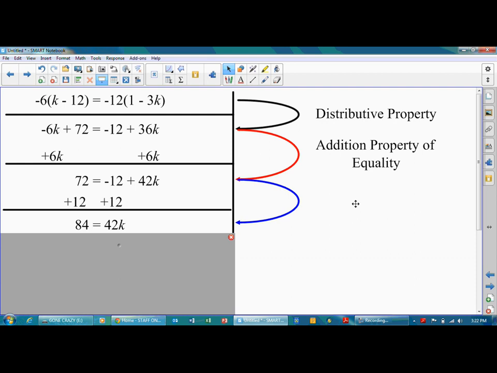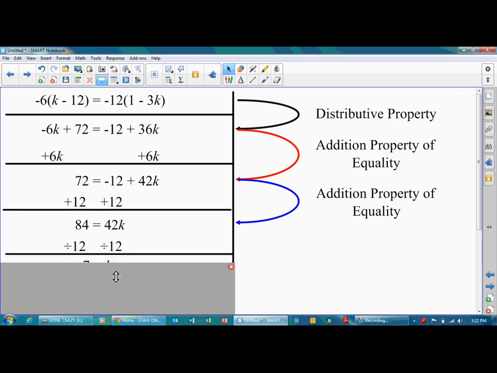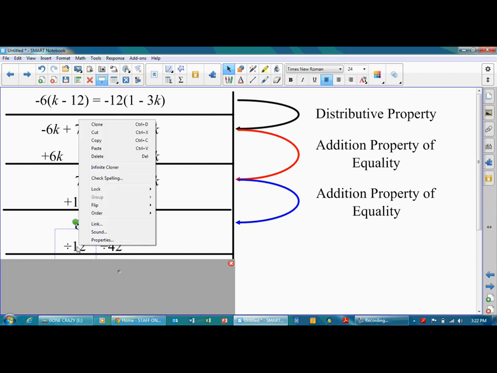Again, we were adding, so that's the addition property of equality. And then finally we divide by 42 on each side. Let me fix this. Those should be 42s.